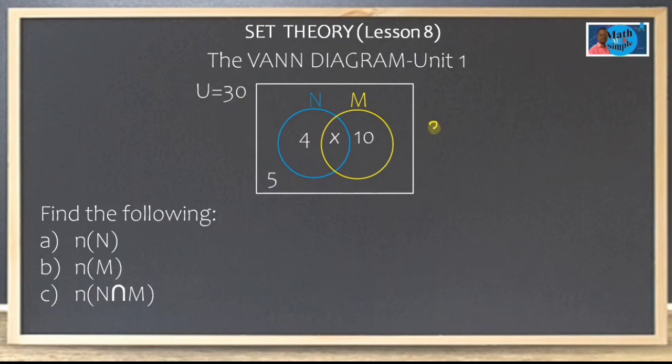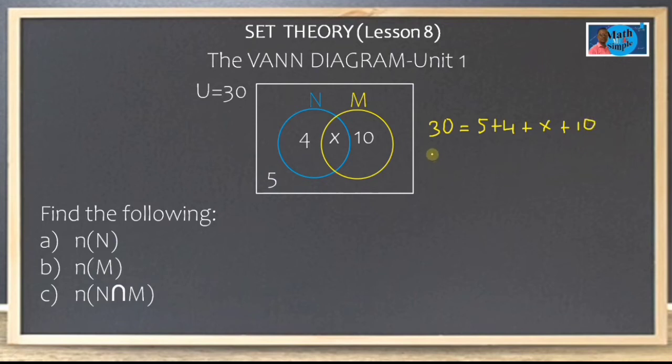So since we have 30 as the universal set, we say 30 is equal to the sum of each of these numbers. So we have 5 plus 4 plus X plus 10.